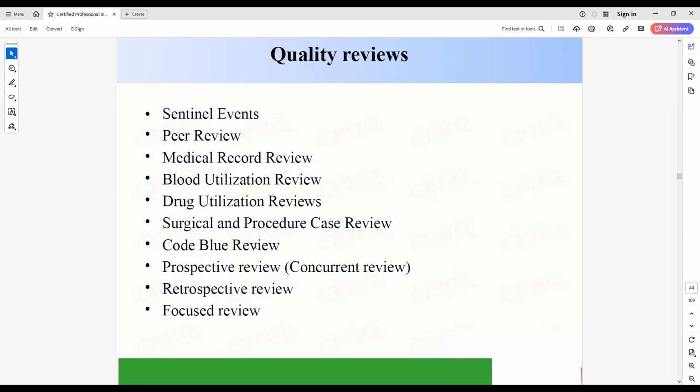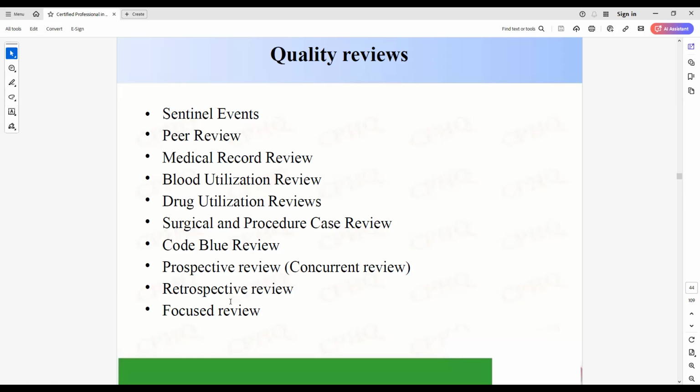Code blue review: we review each code event that happened in the organization and all the compliance with the AHA guidelines, the availability of first aid, how quickly the code team responded. All of that is part of the code blue review process.